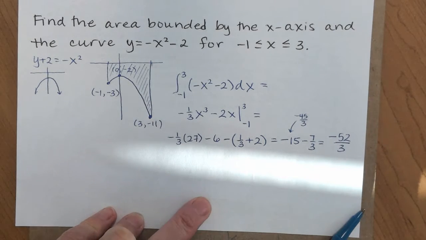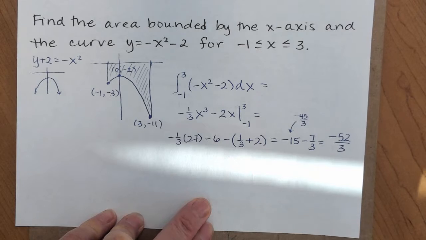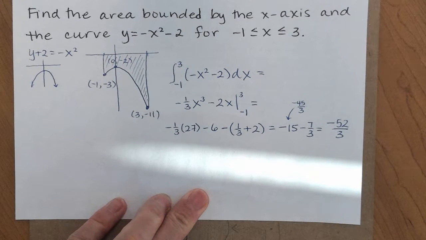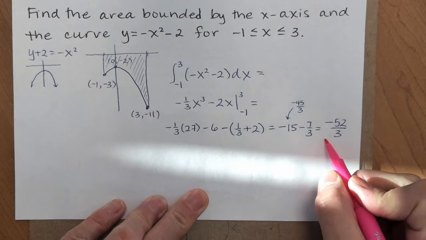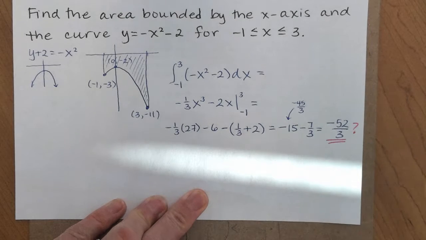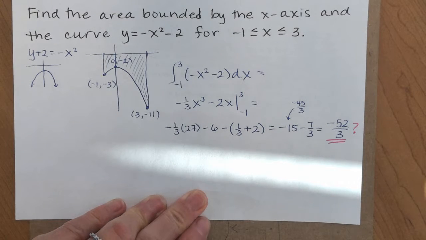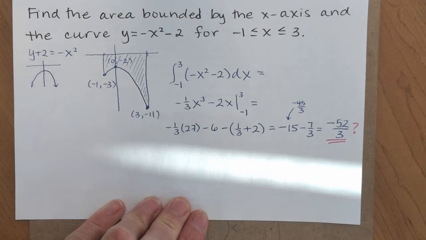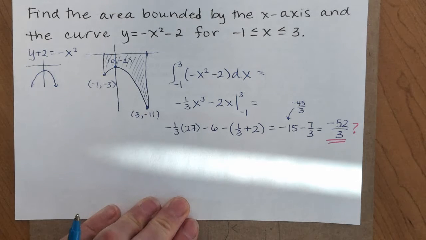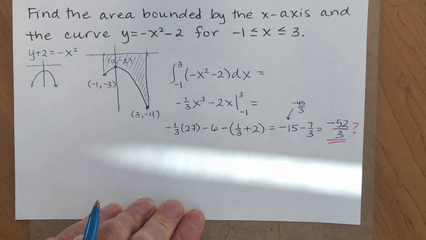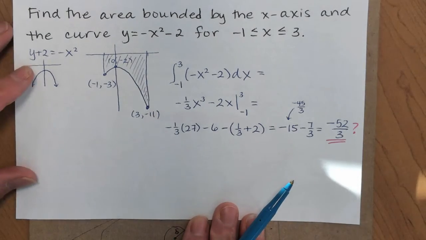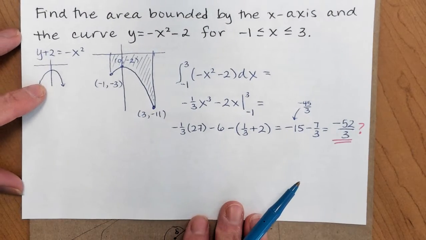So, what is wrong? What's going on here? What's the problem with this answer? Well, you should recognize that something is wrong because our goal was to find an area, and we know that area cannot be negative. So, what's going on?